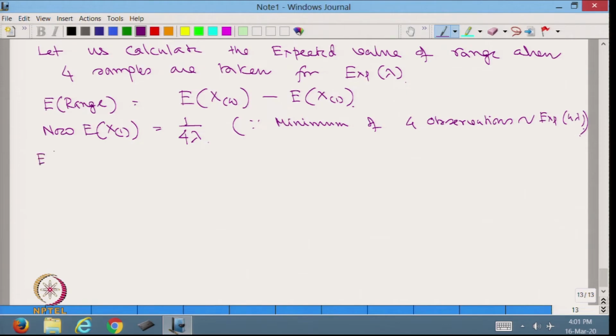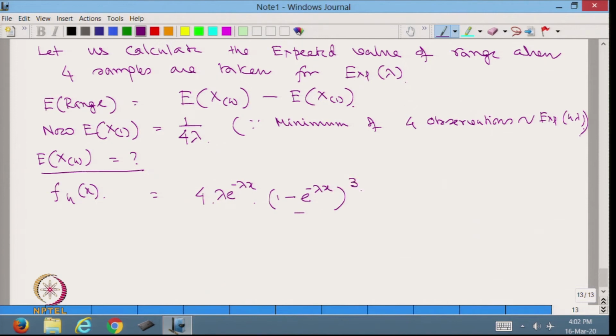Now, expectation of x 4 is equal to what? To compute that, let us look at f 4 of x, which is going to be, out of 4 you choose 1 and put it at the point x with f x, and the remaining 3 will be in less than x.